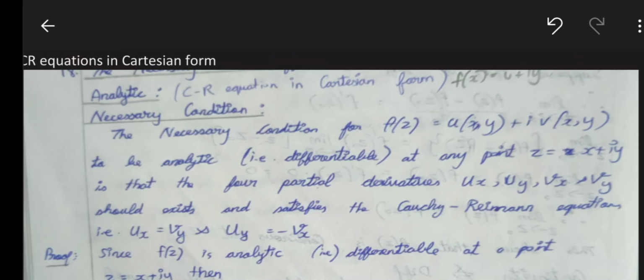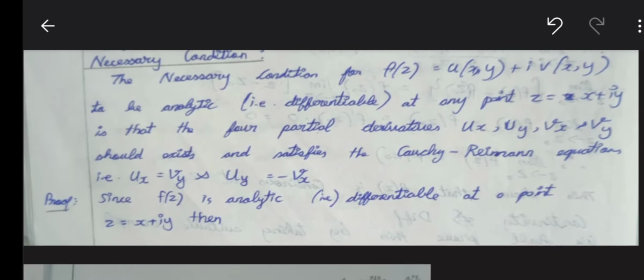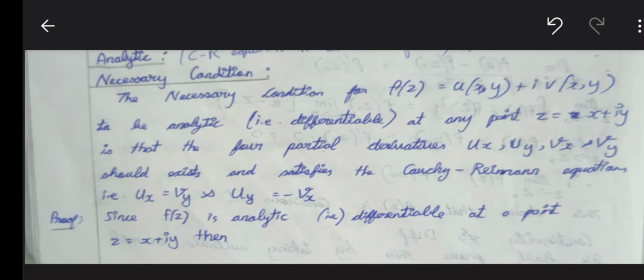Let us go to the proof. Since f of z is analytic, that is differentiable at a point z equal to x plus iy, that is given in the statement.